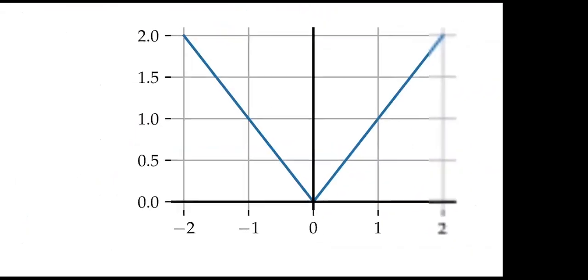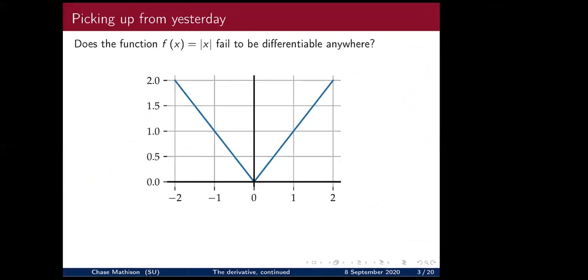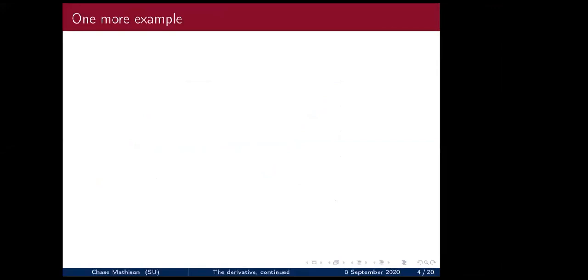Where's the only place it looks like we might run into trouble in defining a slope for this curve here? Yeah, the origin, right? At x equals 0, it looks like we might have some trouble defining a slope there. So let's look at the limit.